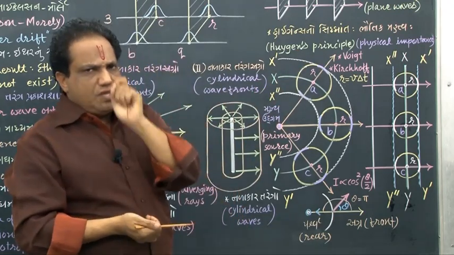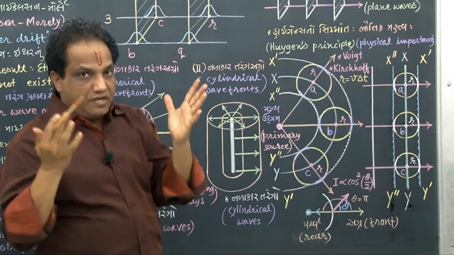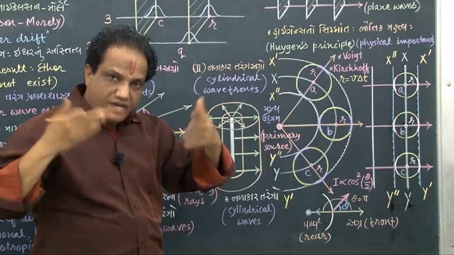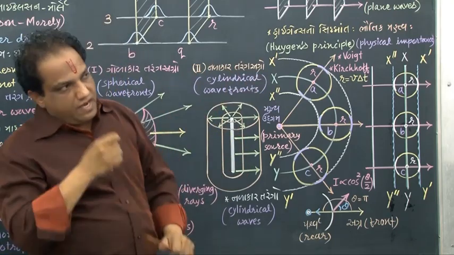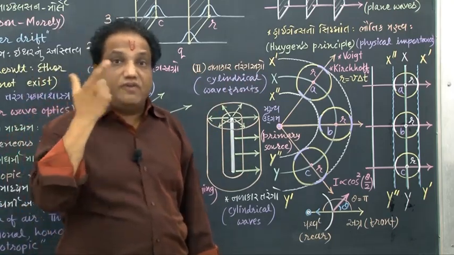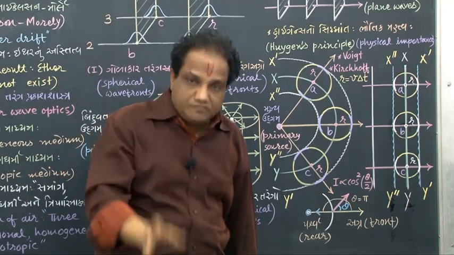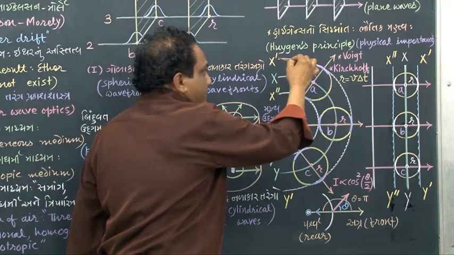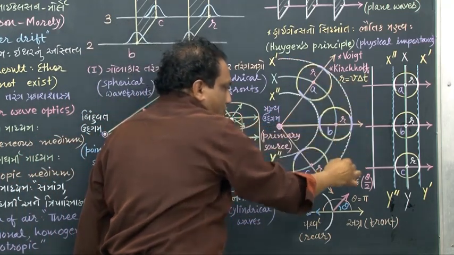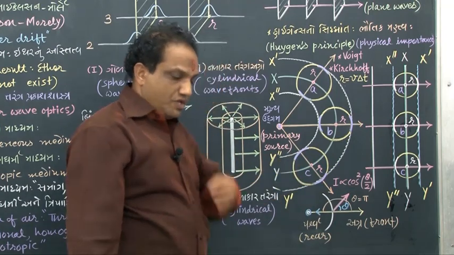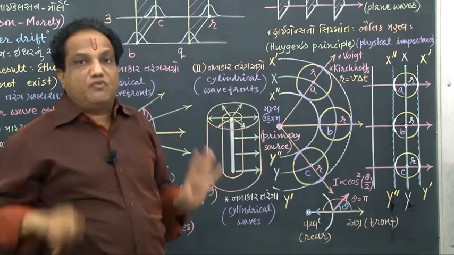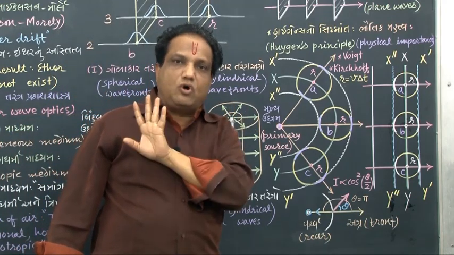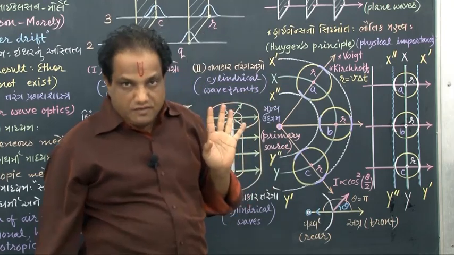I repeat, each and every point or particle on any wavefront behaves like a self-independent secondary source, and it emits secondary spherical waves out of it. After an infinitesimally small interval of time, a surface circumscribing all these new secondary spherical waves gives us the shape and position of the new wavefront at that time. This very statement is called Huygens Principle.